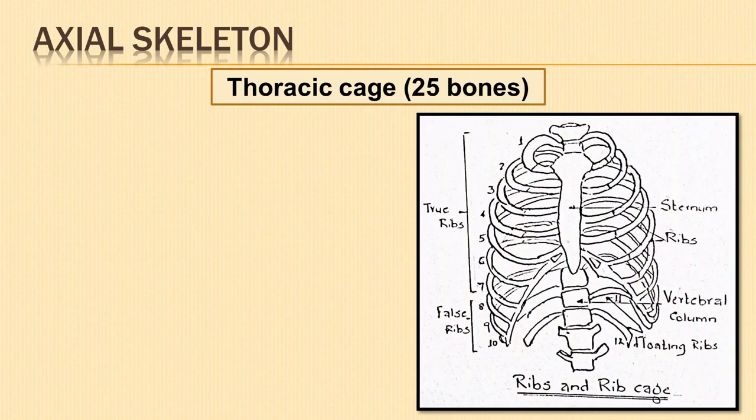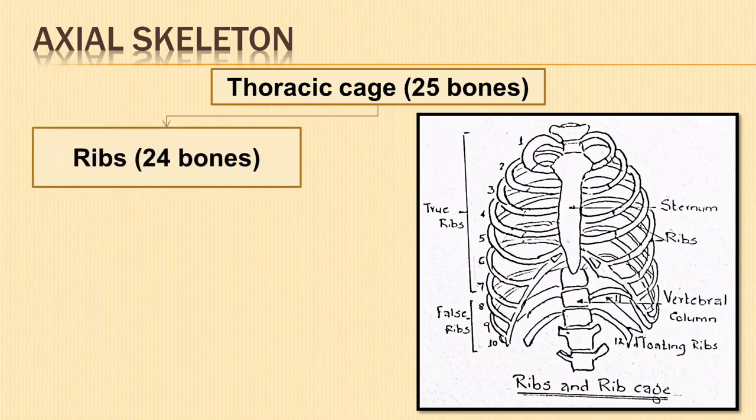It is made up of 25 bones: 12 pairs of semicircular rib bones and a single breastbone called sternum.